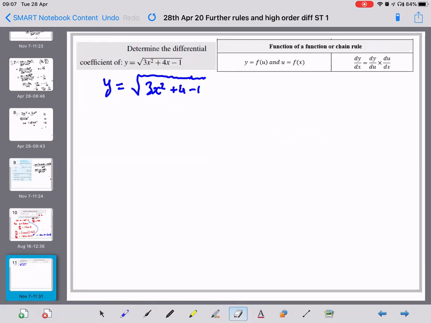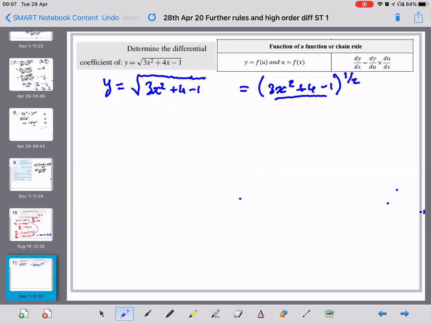We need to write the square root differently. We need to say it's equal to 3x squared plus 4x minus 1 to the power of a half. Remember, we can write the square root as a power of a half. So what we've got here is a function of x inside the brackets, and then the power is a function as well. So we've got a function of a function.